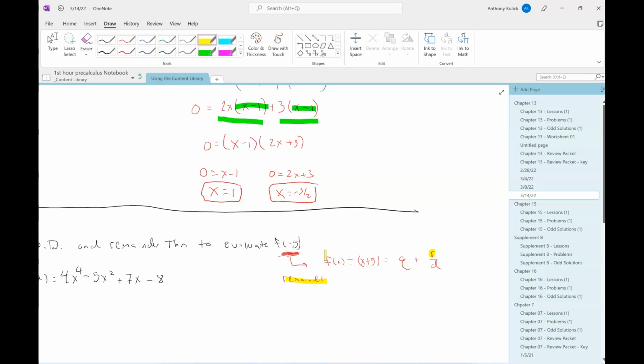So that's what the remainder theorem is saying. That's how we're going to use the remainder theorem, is that the remainder for this division problem is going to be the same thing as what we get when we evaluate f of negative 5.